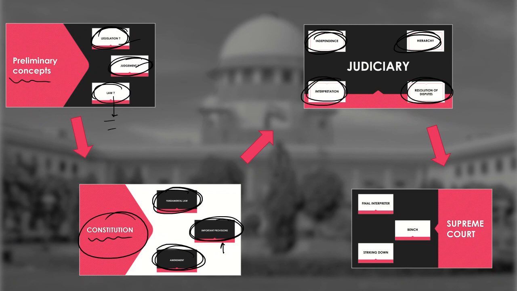We also saw that in resolution of disputes, you always have two parties going to the court, A versus B, and therefore you will have some people who are in the court as disputing litigants, A versus B, or A versus the state, etc. Then we discussed a few things about the Supreme Court, about the supremacy of the Supreme Court. We discussed what a bench is, and we spoke about striking down.